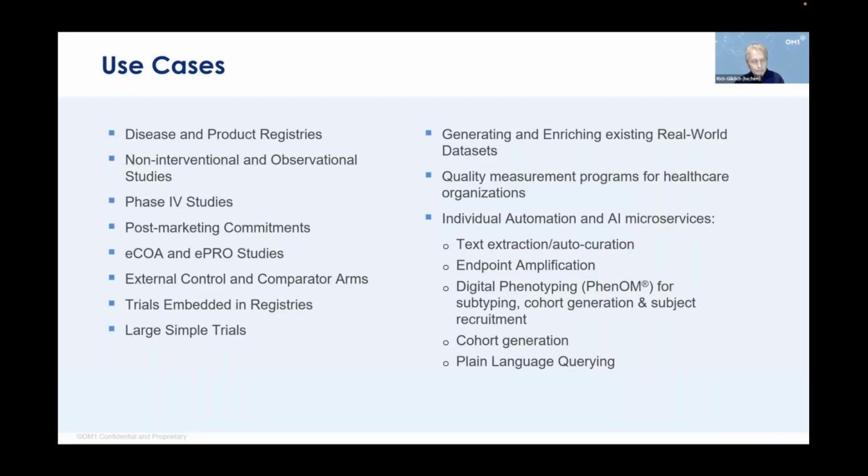So what you saw in that pipeline, we can expose that as microservices. So we can receive text, digital text, and return back extracted information through what we call auto curation. We can receive back a clinical note in a number of different condition areas and return back an estimated endpoint of the types that I showed you.